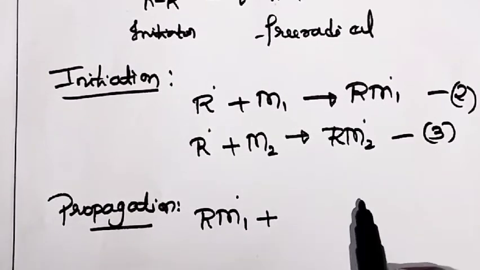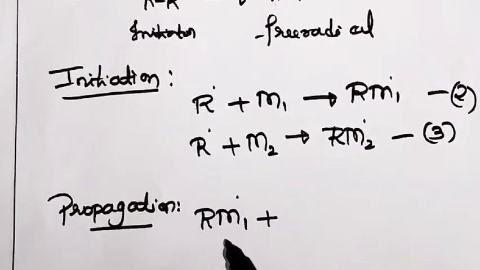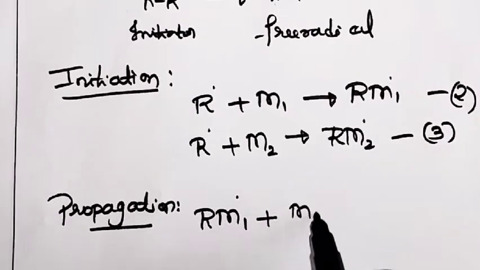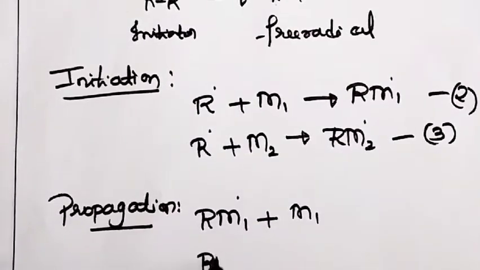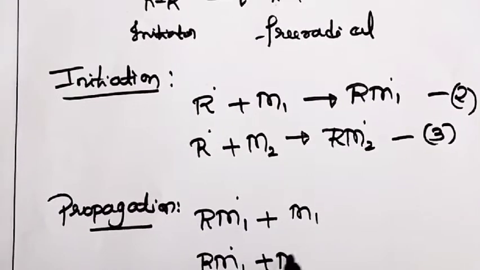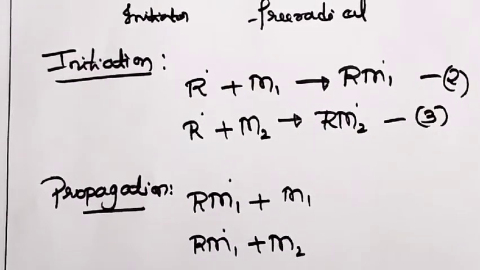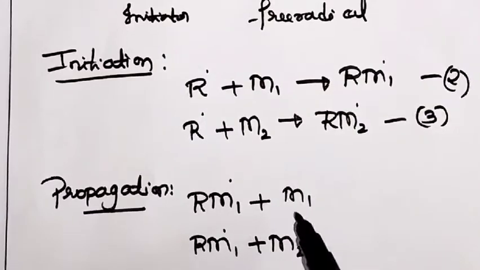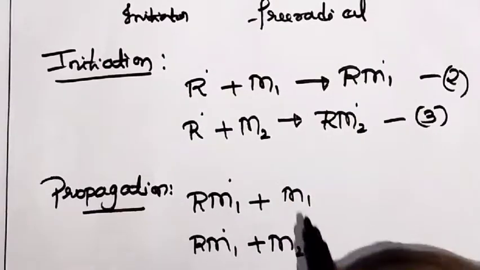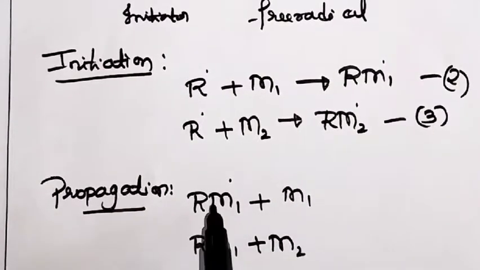There are two monomers, M1 and M2. First I consider it attacking M1. Next I consider the same free radical attacking the other monomer M2, because we have two monomers, M1 and M2, in the reaction mixture. This free radical can attack this or this.